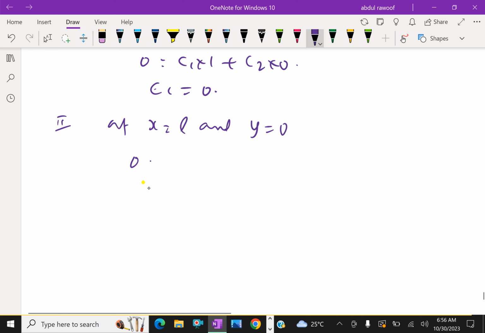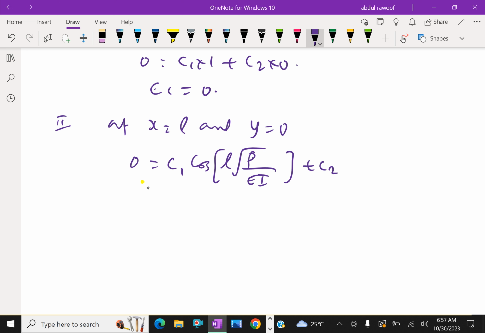Substituting the values, y equals 0 equals C1 cos L root of P over EI plus C2 sin L root of P over EI.